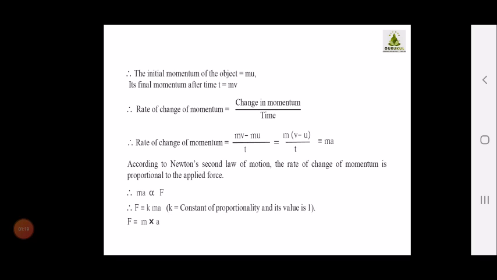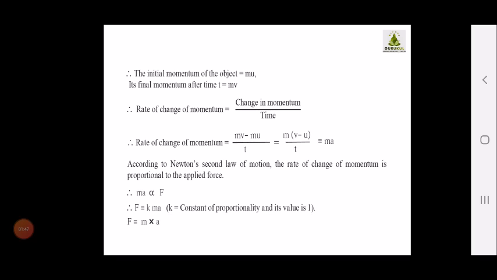The initial momentum of the object is mu, because the mass is m and the initial velocity is u. Its final momentum after time t will be mv, because v is the final velocity. The rate of change of momentum is equal to the change in momentum upon time.